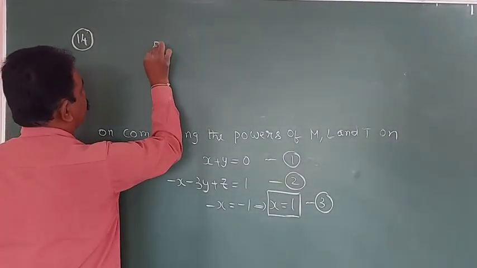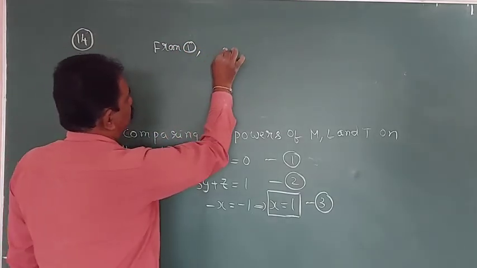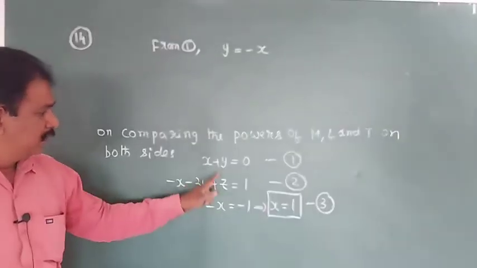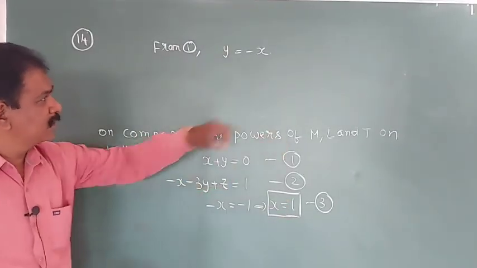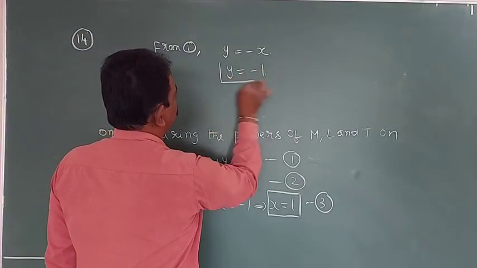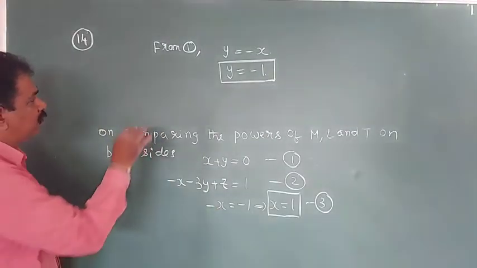From 1, y is equal to minus x. Minus x means it becomes minus 1. y is equal to minus 1. Clear?